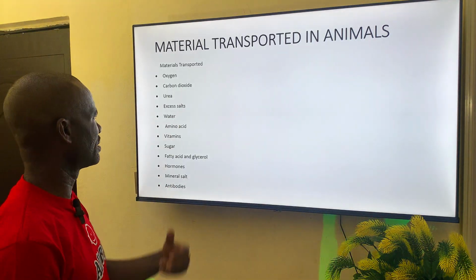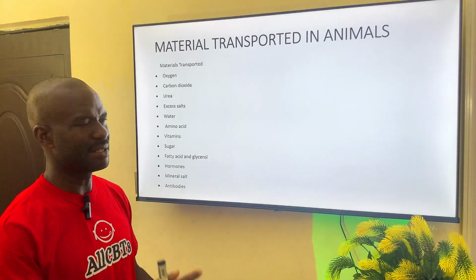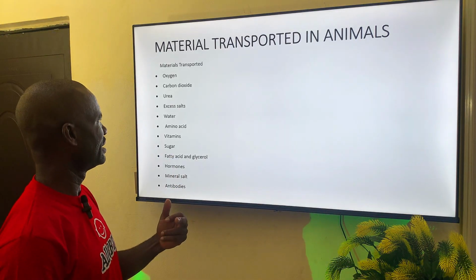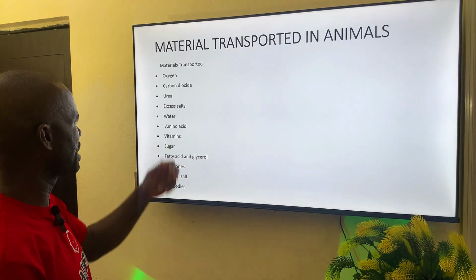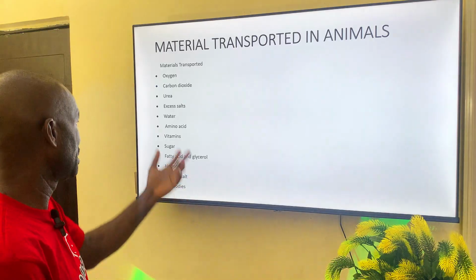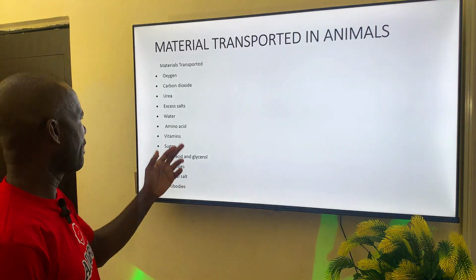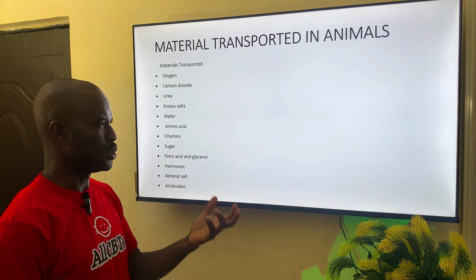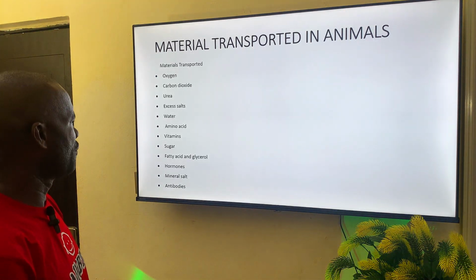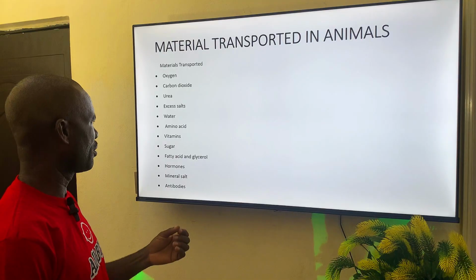Then excess salt. Excess salt is being taken out of the body because it poses danger to the body. Even excess water is eliminated through sweat, through evaporation, transpiration. Amino acids are produced as a result of digestion of food, which is the breaking down of protein.